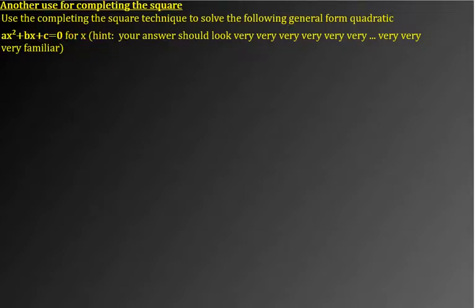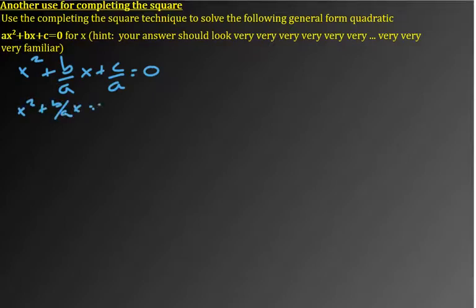And so to complete the square, first step, make sure a is 1. Right now it's just a, so we'll have to divide everything by a in order to make sure that is a 1 there. All right, we only complete the square on the x terms, so I'm going to move the c over a. And then completing the square, you're going to add b over 2 squared, right?